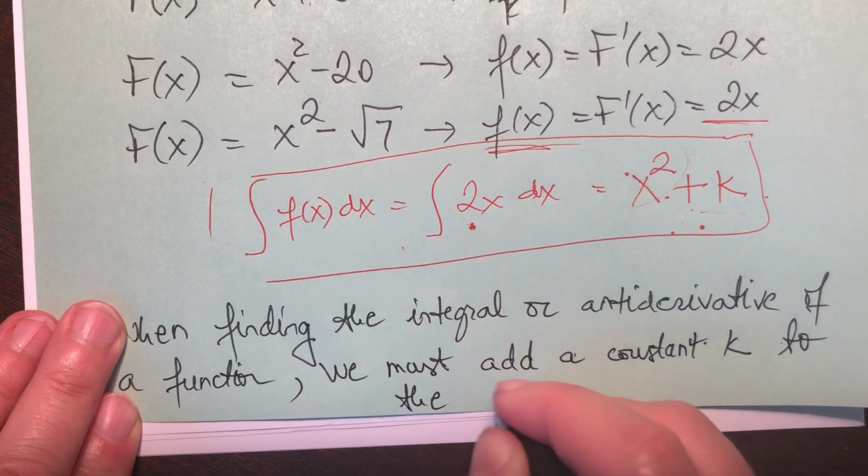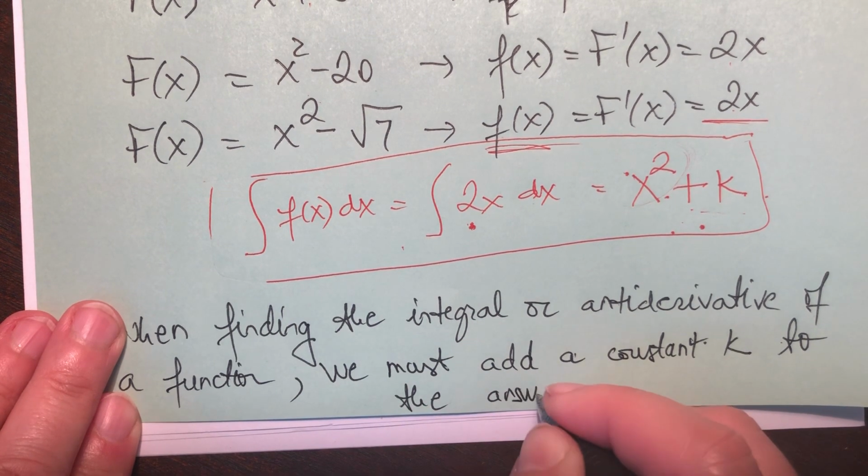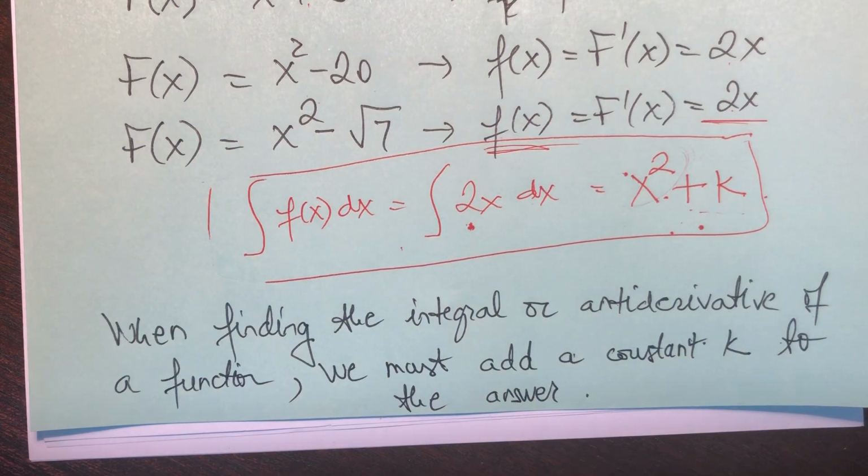Okay? Because again, when taking the derivative of that k, it just disappears.